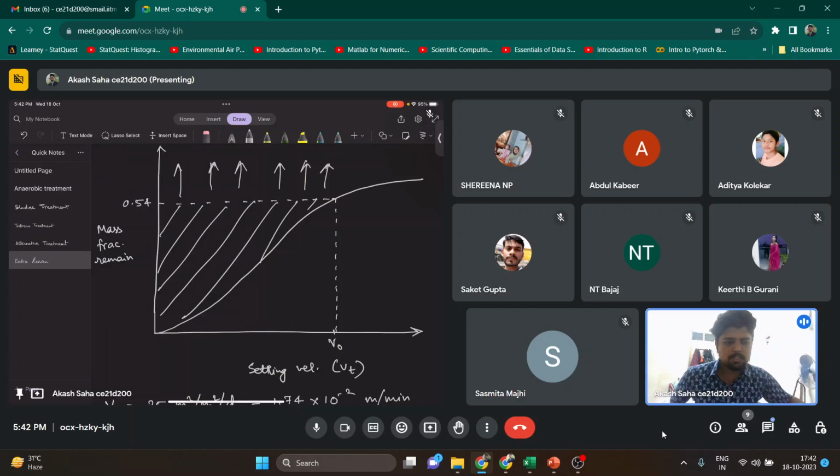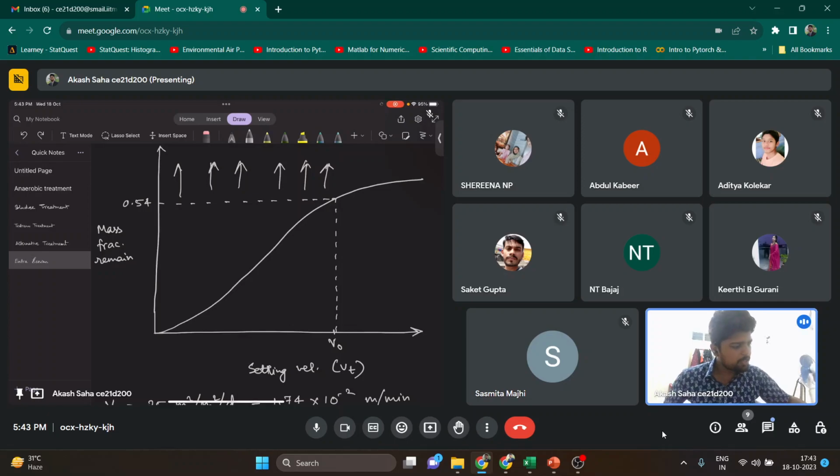Now this has to be done by either integration. You find the equation of this curve and find the area under the curve, but the equation of this curve will not be known in the graph. So what we will do is divide this area into small strips and then calculate the area. I will show you how to do this.